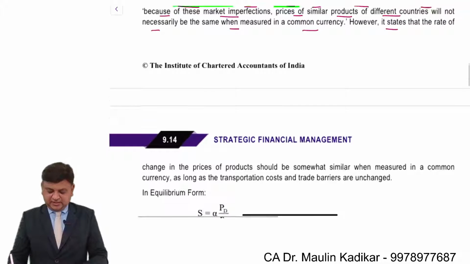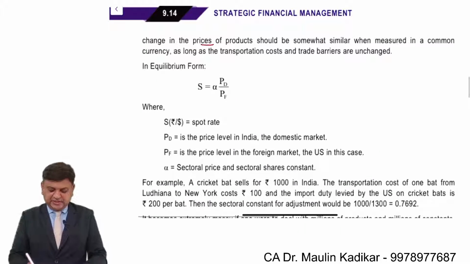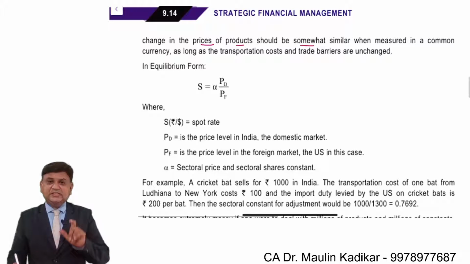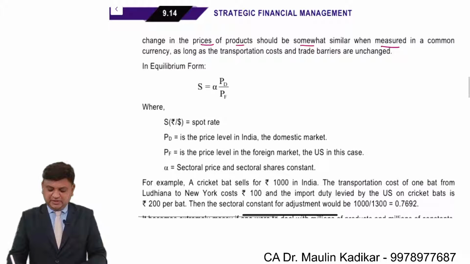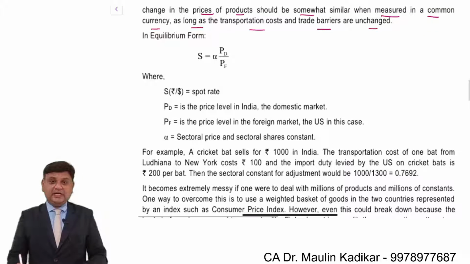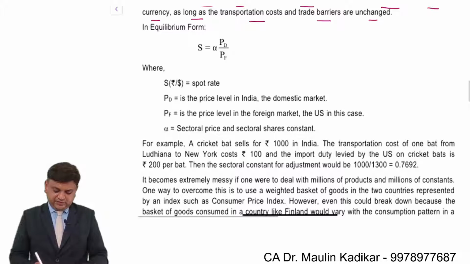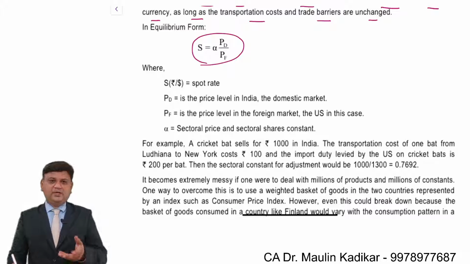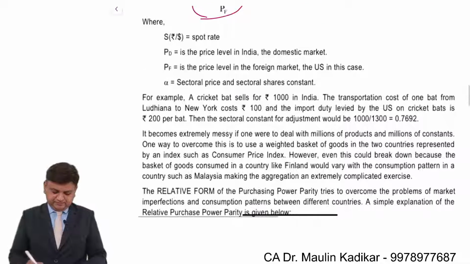However, it states that the rate of change in the prices of the product should be somewhat similar when measured in a common currency, as long as the transportation costs and the trade barriers are unchanged. So the formula is about the forward exchange rate.